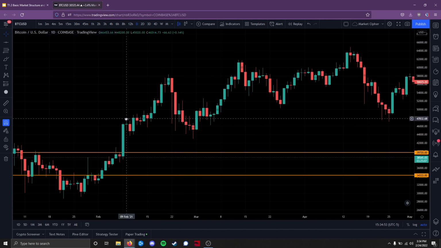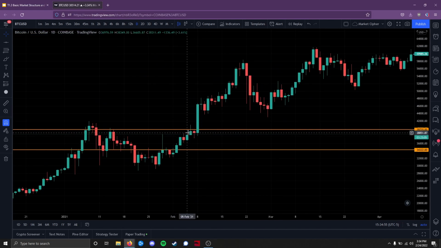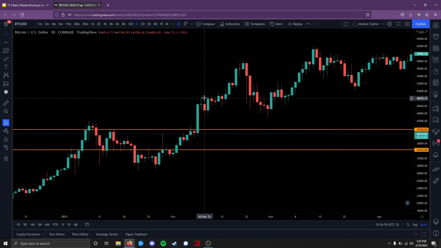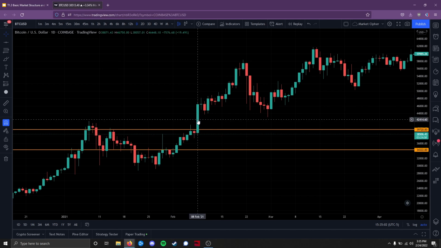It wasn't just a clean break in terms of price action here. Price came up, it came back down. Then the next candle, we see a massive push upwards, particularly a rather large candle. So this was a sign that it took a significantly large amount of buying pressure to really overcome this level.